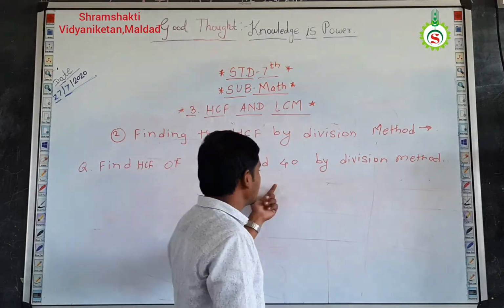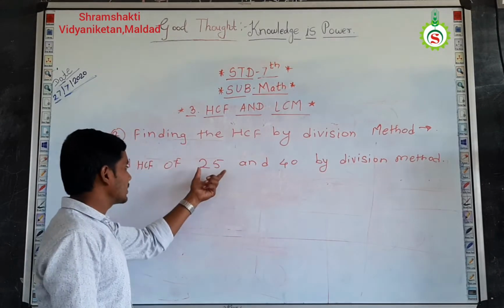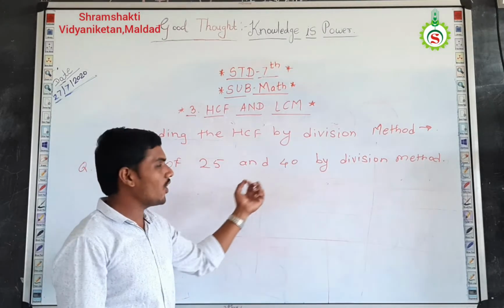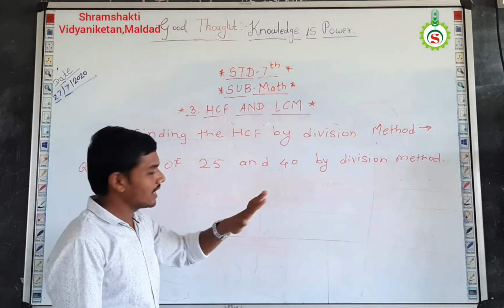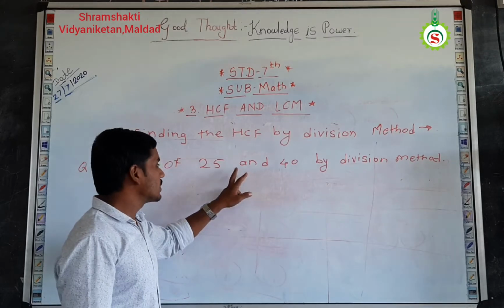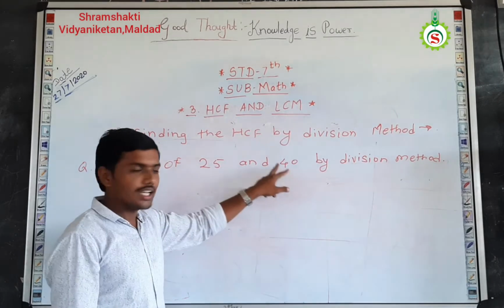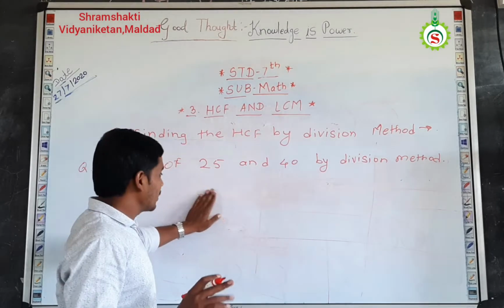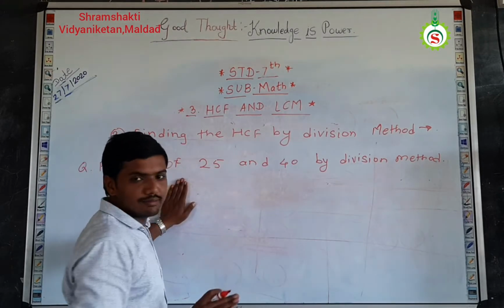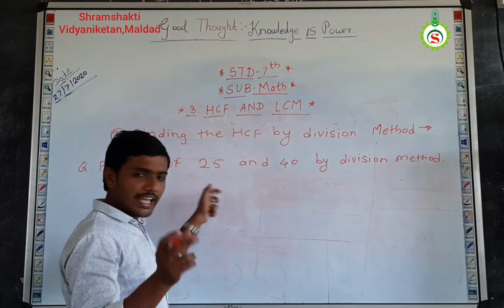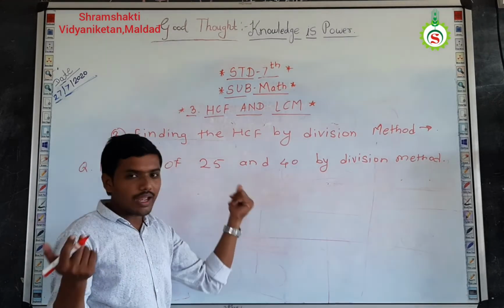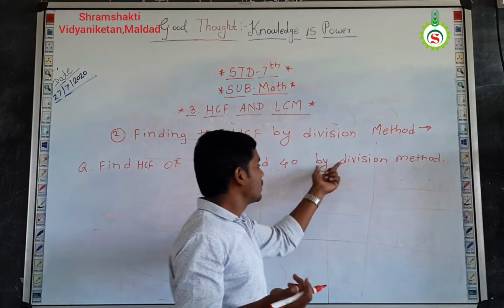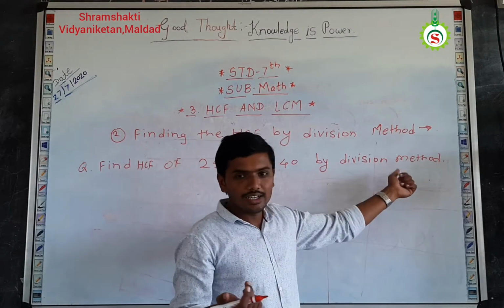In the question, they have mentioned to find the HCF of 25 and 40 by the division method. That means here you have to find the HCF of 25 and 40 by the division method and not by the factorization method. Though you are able to find the HCF of 25 and 40 by the factorization method, you don't have to use it. Here they have mentioned in the question that you have to find the HCF by the division method.